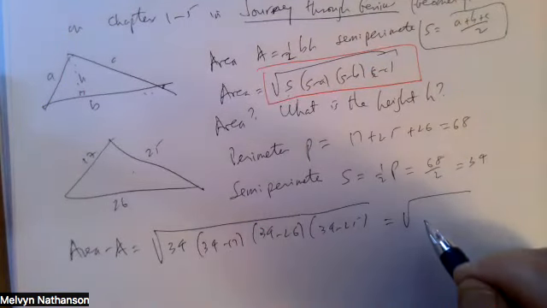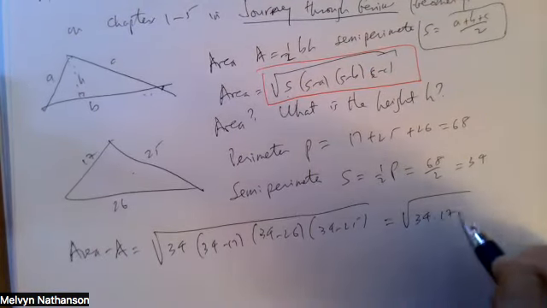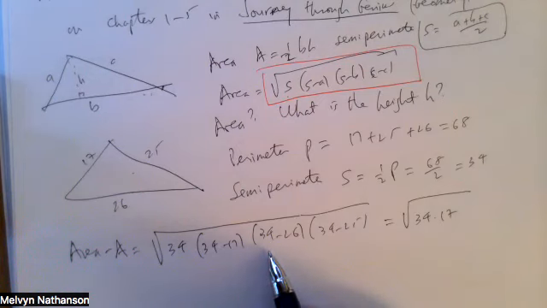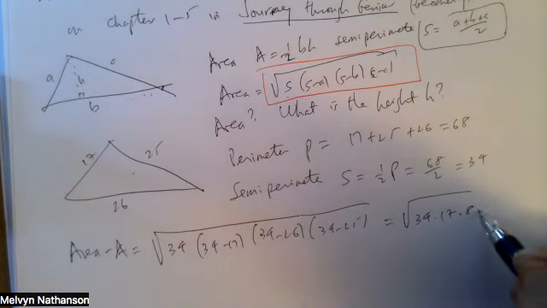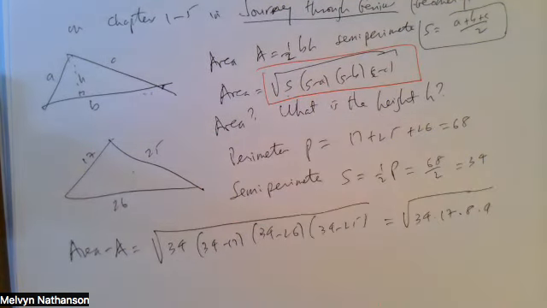So that's the square root of 34 times 17. 34 minus 26 is 8, and 34 minus 25 is 9.